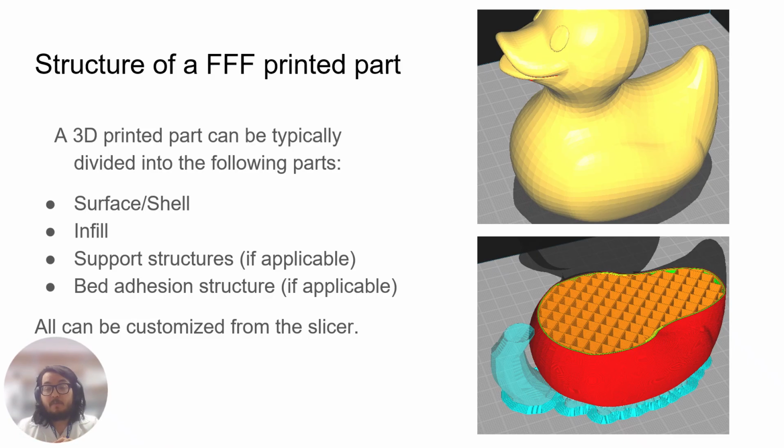But there are also structures you're going to be printing that are not part of your actual model. For example, we're going to be using a rubber ducky as an example in this video, and there are things that are going to be printed that are not part of the rubber ducky. Some of those things are support structures. For example, you can see the beak of the rubber ducky. It's very hard to print something on air. On a filament printer, we have molten plastic coming out of the extrusion nozzle, and if you just extrude something on air with nothing to support it, it's going to sag and fall down.